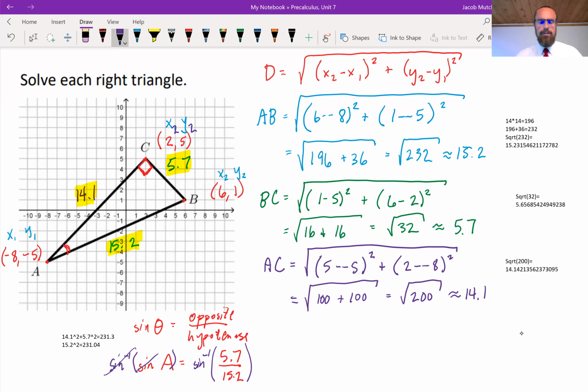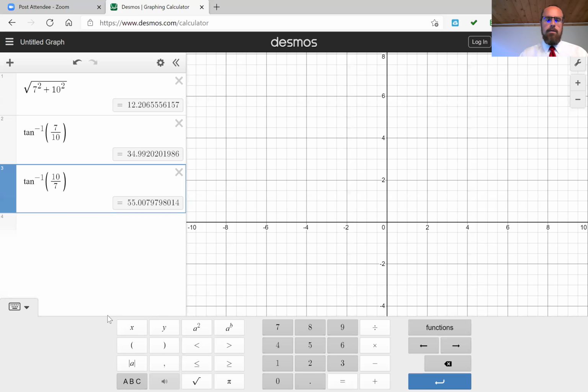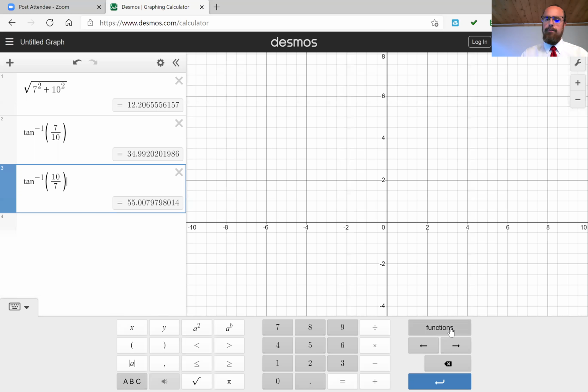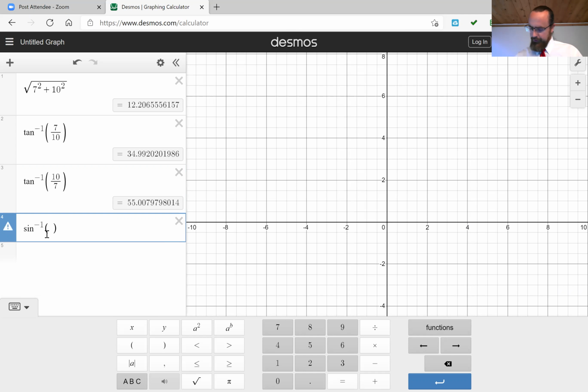Let's take that to Desmos. I'll locate the inverse sine function under the functions tab. Make sure that's in a new cell there. And then remember our distances here are 5.7 divided by 15.2.